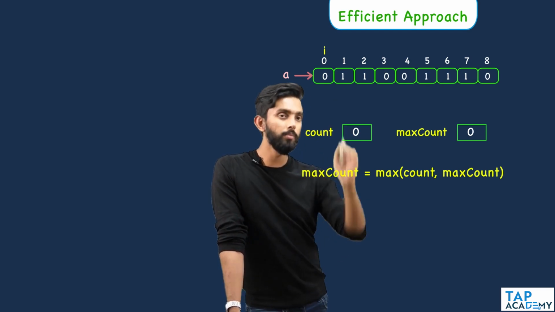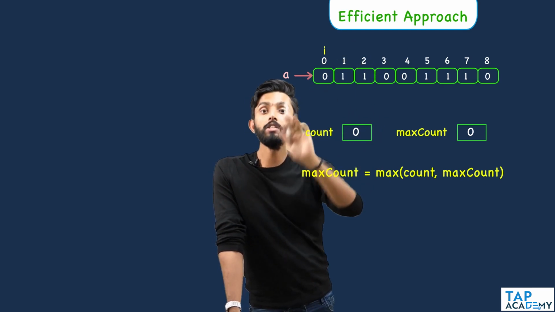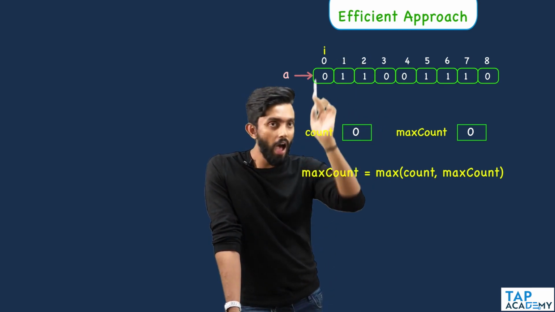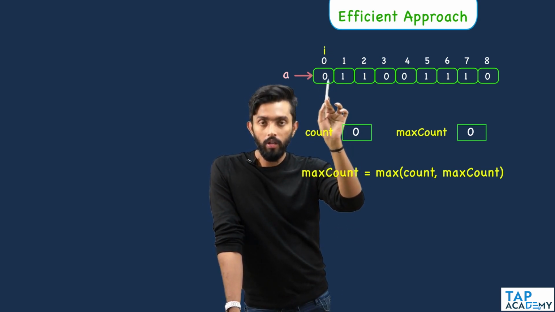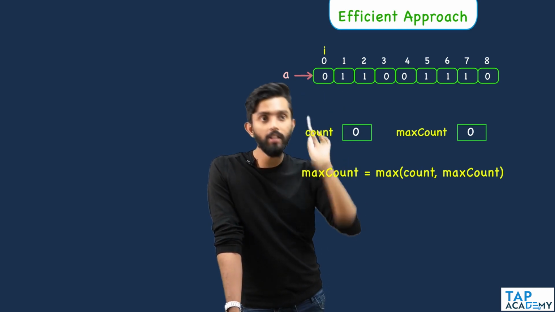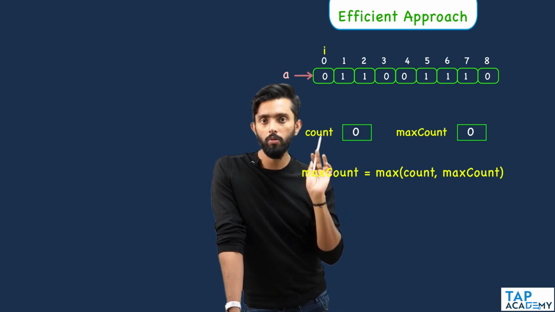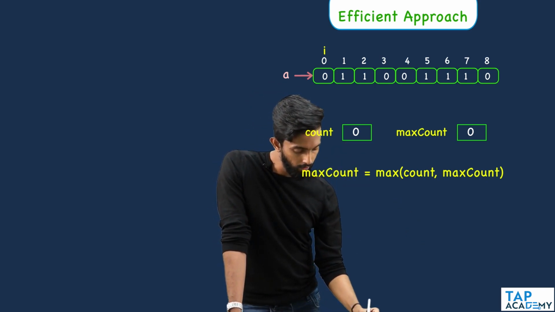What I will do is very simple. I will check if the ith element is a 0. I repeat, I will check if the ith element is a 0. If ith element is a 0, then the count of consecutive ones, I will make it as 0, because I know if I is 0, it means count is 0. Then I will move I forward.